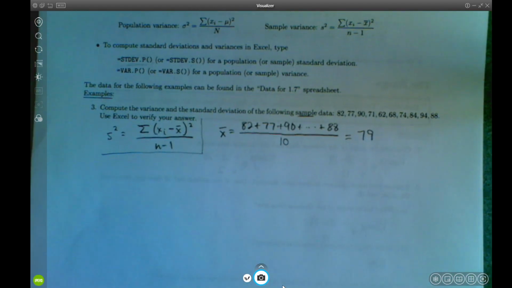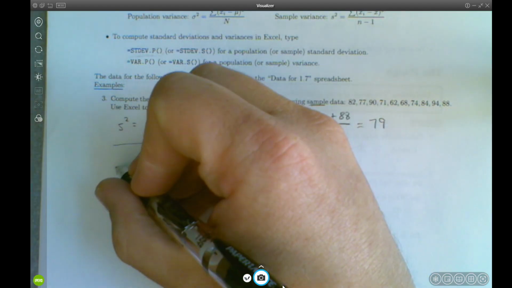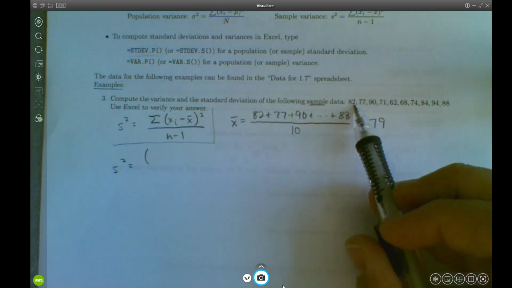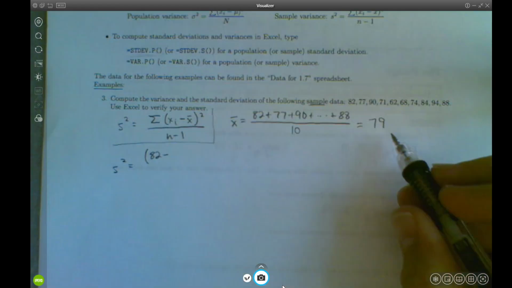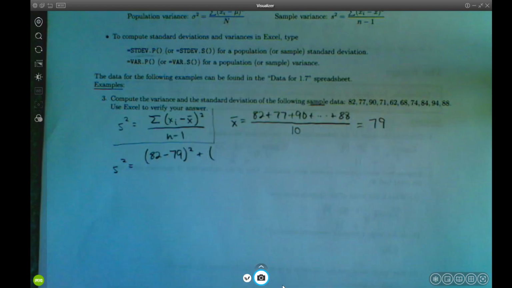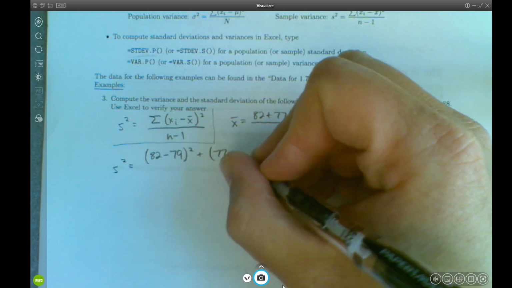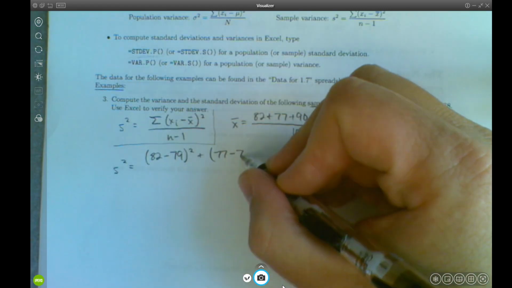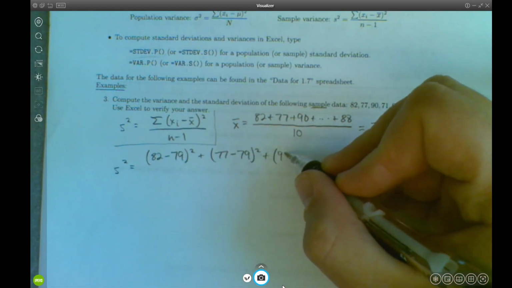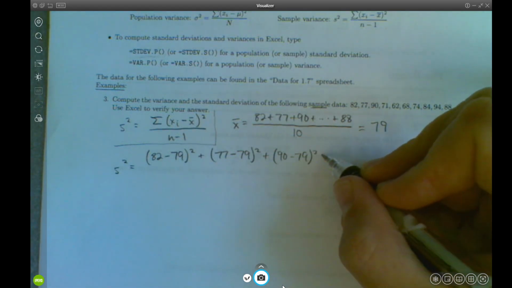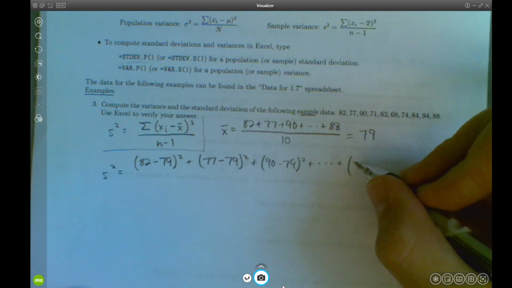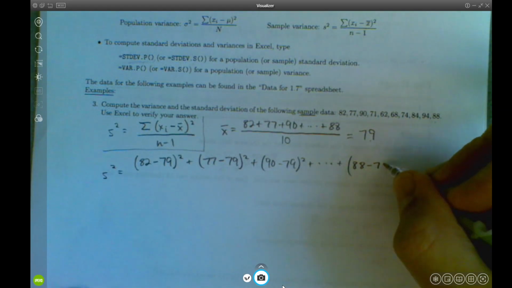And now we can use that in our formula for the variance. The variance is going to be our first data value, 82, minus the sample mean, 79, squared, plus the second data value, 77, minus the sample mean, 79, squared, plus the third data value, 90, minus the sample mean, 79, squared, and we're going to continue on this way until we get to the last data value, 88, minus the mean, 79, squared.